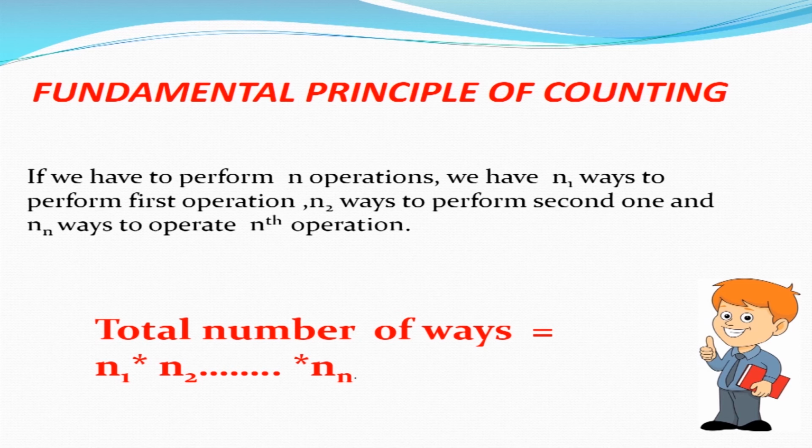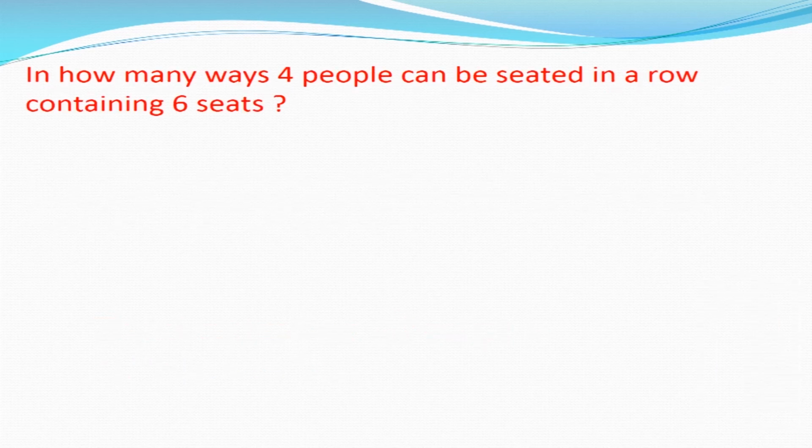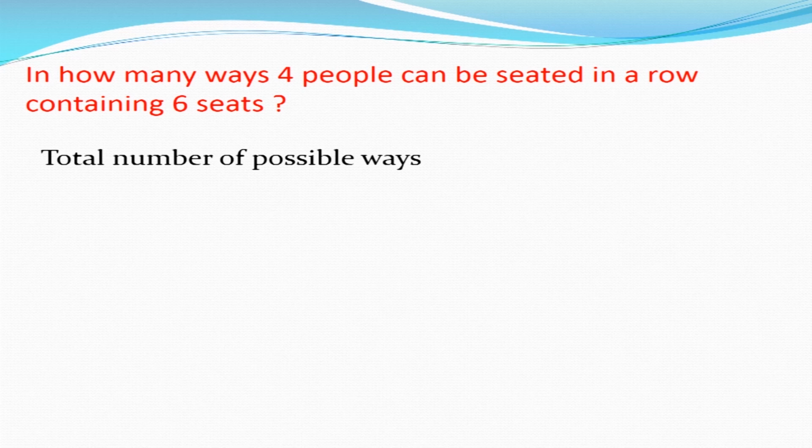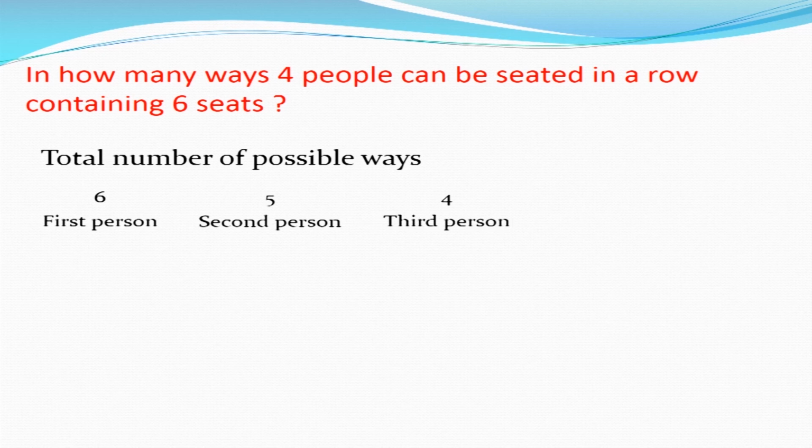Look at the example. In how many ways 4 people can be seated in a row containing 6 seats? Let's find total number of possible ways. First person has 6 choices. Second person has 5 choices. Third person has 4 choices.